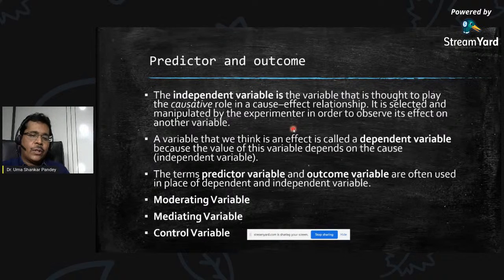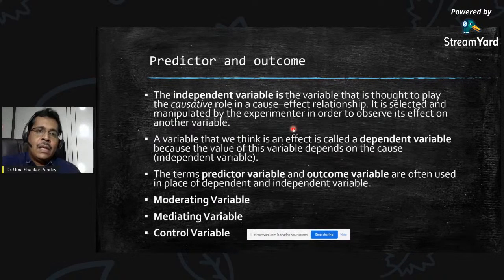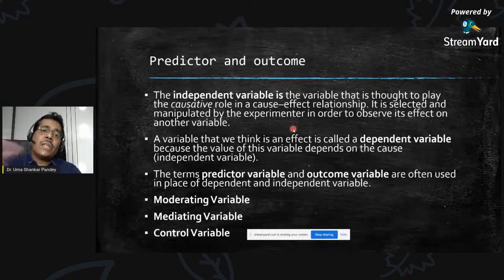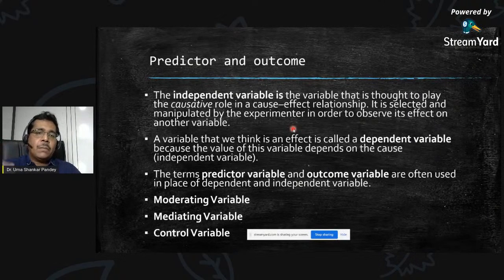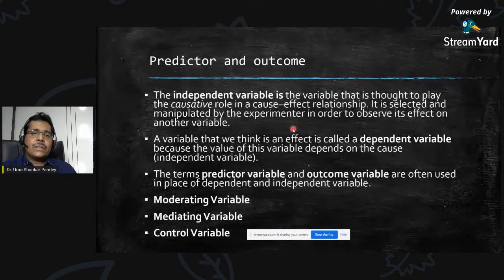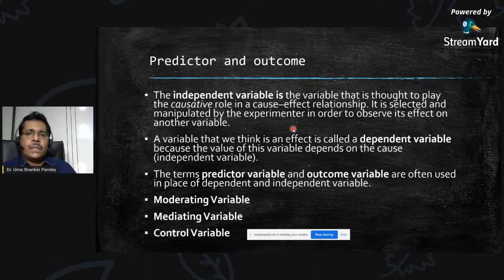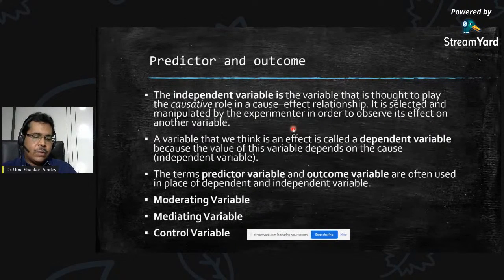If we are talking of moderating variables, we have to remember that a moderating variable is one which is not dependent on either the independent or dependent, but it contextualizes the dependent variable. It causes the dependent variable to be different from what it otherwise would have been. But a mediating variable is something which is dependent.